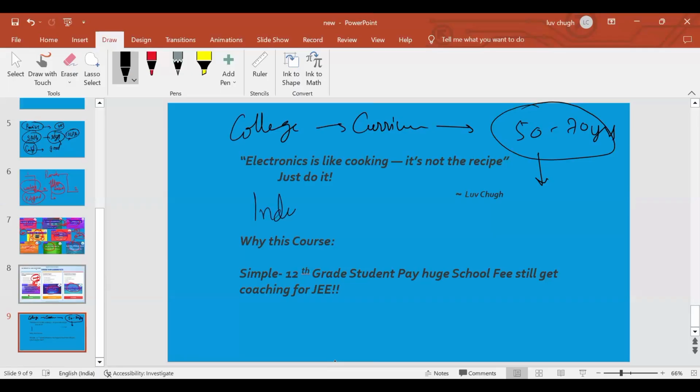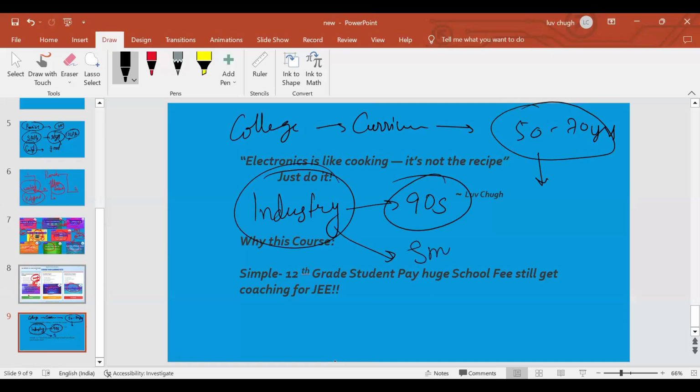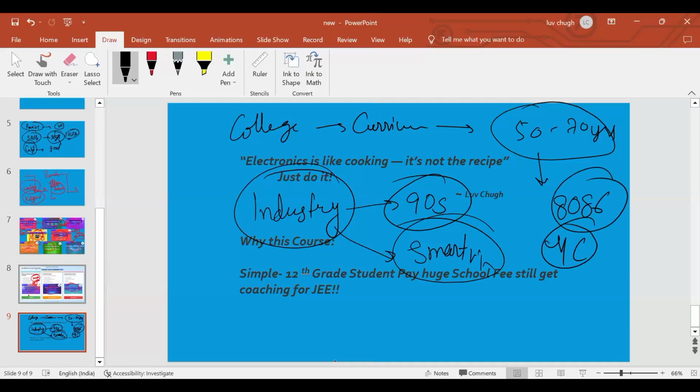But industry changes very fast. Keypad phones were designed in the 90s, and nowadays the era is of smartphones. How drastically the market is changing. Your curriculum is totally based on the 8086 microprocessor, not even the microcontroller.